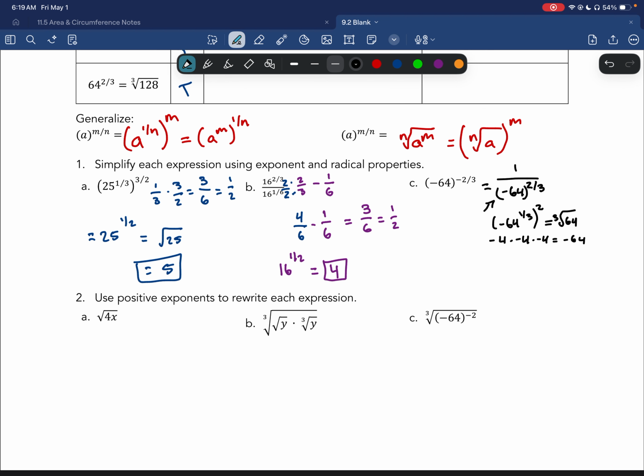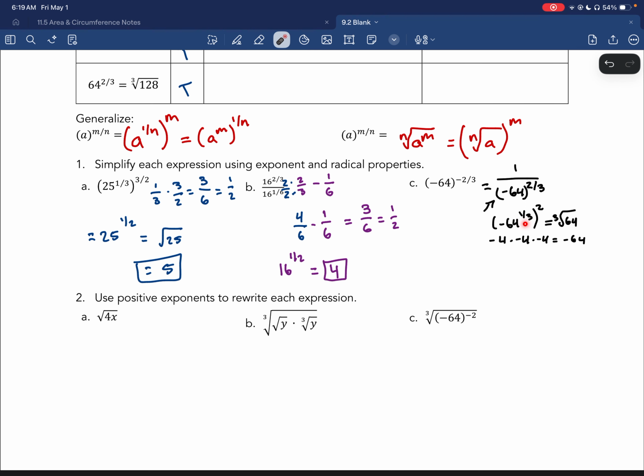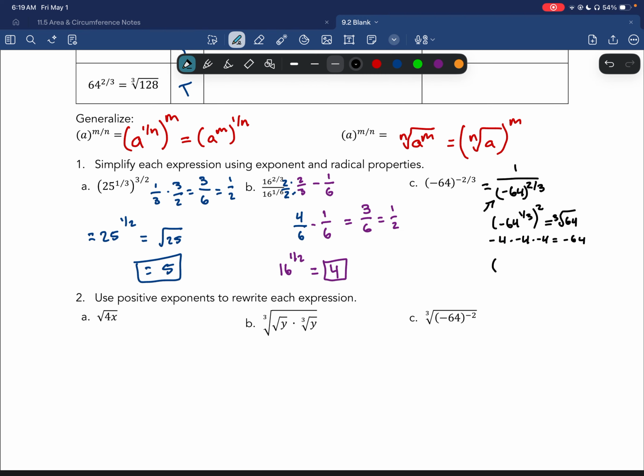So all that to say that this inside is going to become just negative 4. So it's going to be negative 4 squared. I found what 3 numbers, they have to be the same, all multiplied to give me 64. That's what this part is.